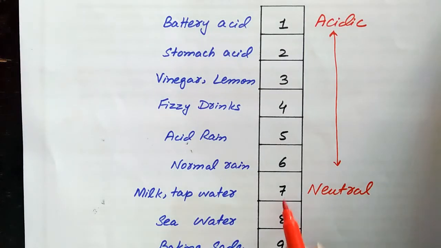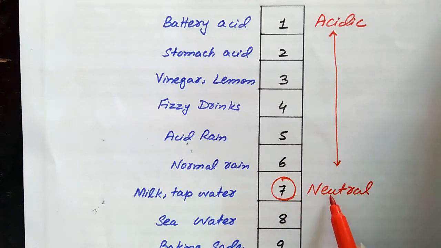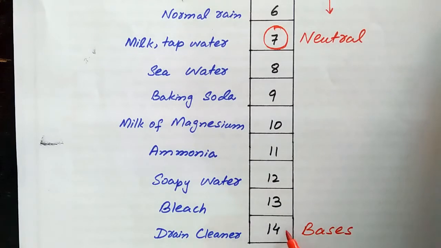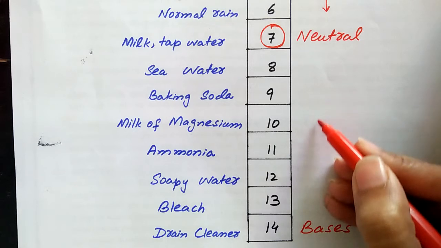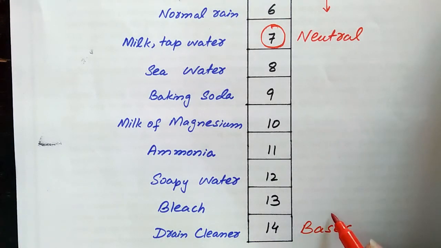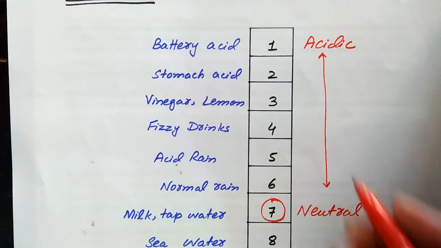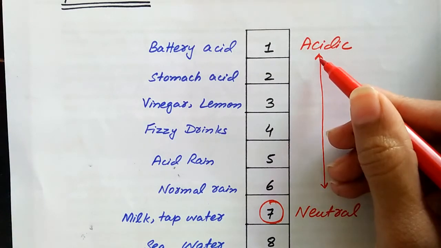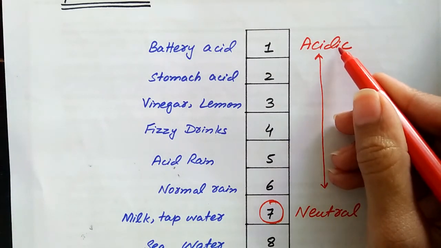The number 7 represents neutral. And above 7 and up to 14, we have the bases. As we move closer to 14, we get stronger bases, and as we move in this direction close to 1, we get stronger acids.